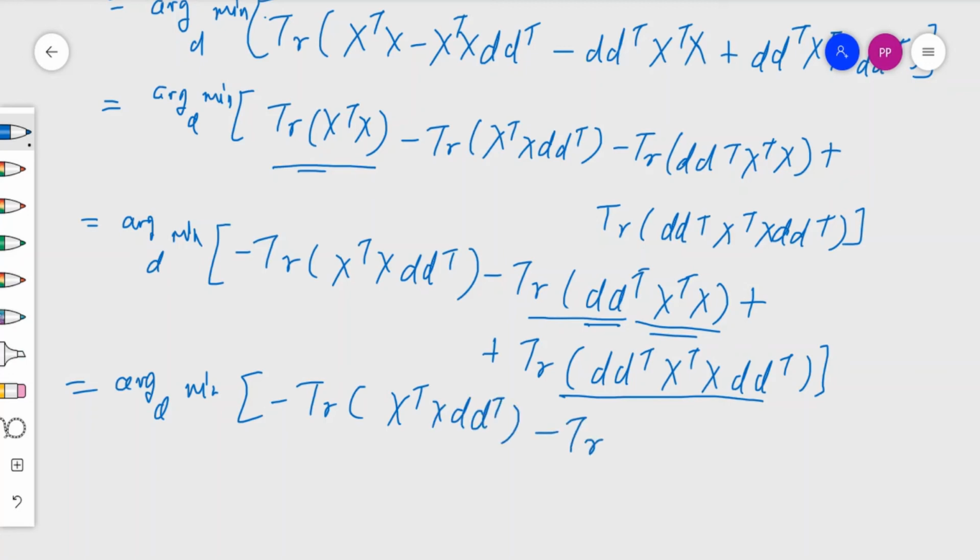we are interchanging, this is cyclic interchange with the order maintained. Then comes the third term that we will operate upon, X transpose X D transpose.